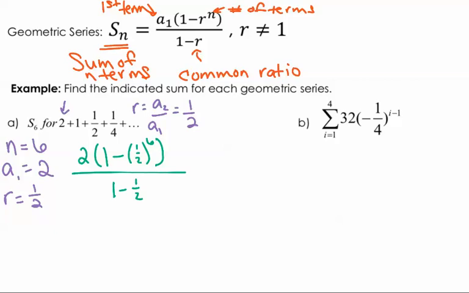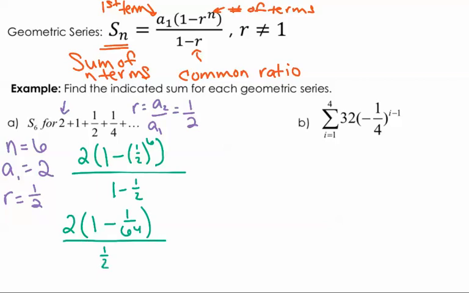Some of the better calculators, you should be able to type this all in just how it looks, but I would kind of do this one at a time. So 2 times 1 minus 1/2 to the 6th power. When you type that in, you get 1 over 64. All over 1 minus 1/2 is just going to be 1/2.